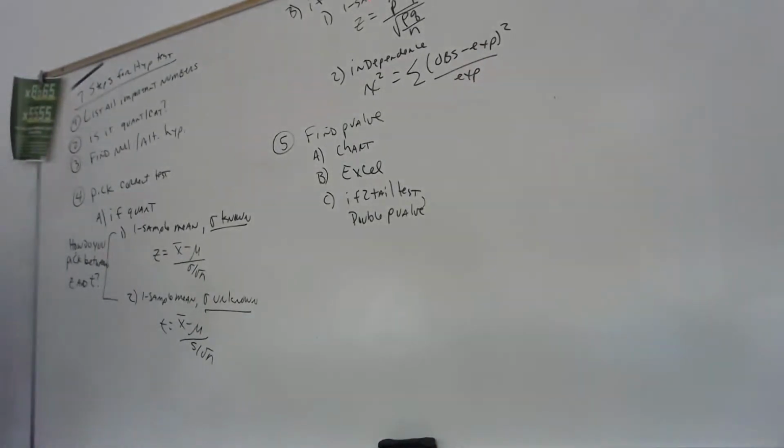How do you know if it's a two-tailed test? If it has not equal in the hypothesis. Yeah, it's from the null and the alternative hypothesis, right?